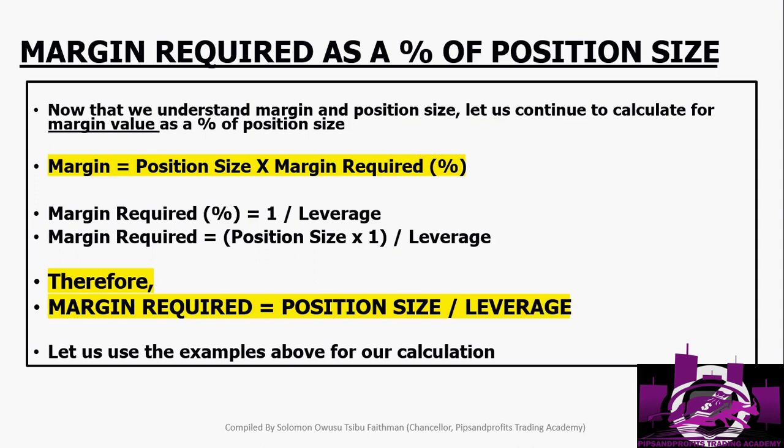So when we did the substitutions, our margin is position size times 1 over leverage, and when we brought it down, margin is equal to position size over leverage.